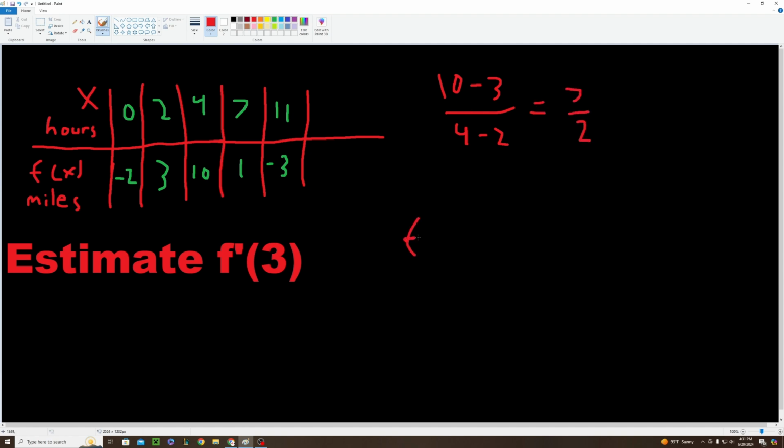So f prime of 3 is approximately 7/2, because that's the rate of change between the 2 points that are next to 3. And that's how you do a table problem. Make sure you label your answer, because most of the time they're going to ask for it. So in this case, it'd be miles per hour. That's how you do it.